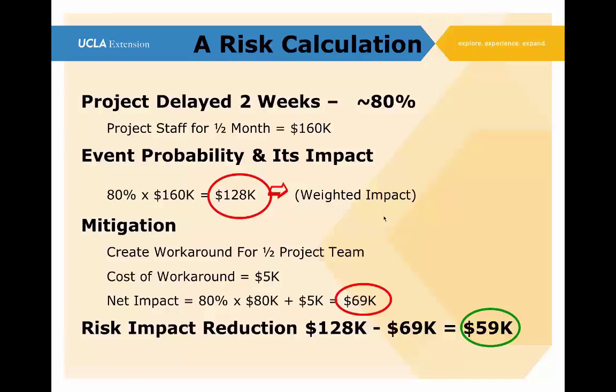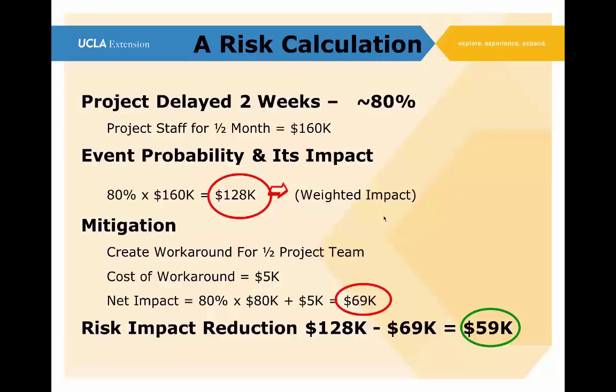We have looked at a strategy, determined a mitigation, applied mitigation, and then walked through the calculations of what the impact of the risk was originally, what its weighted impact was, and then we've applied mitigation, determined the cost of mitigation, determined what the net impact is after mitigation, and then we've evaluated the reduction in the risk impact, and then determined that that improvement was significantly greater than the cost of the mitigation, and therefore it is a valid, good mitigation for this particular risk. And so we have completed the work on this particular risk.